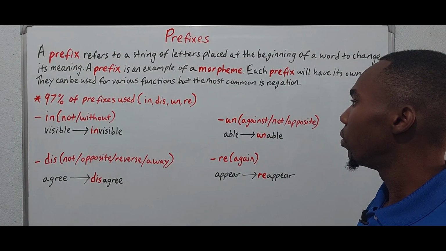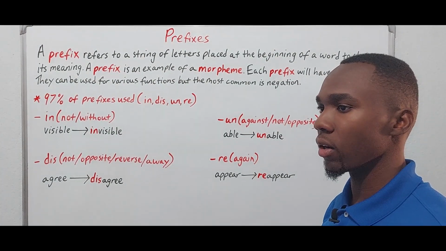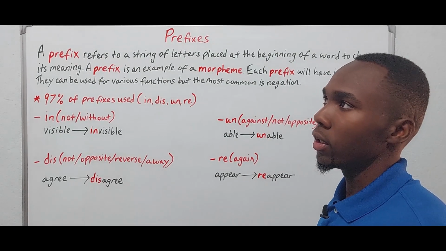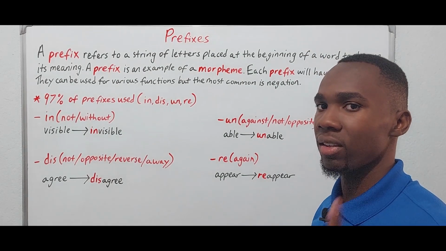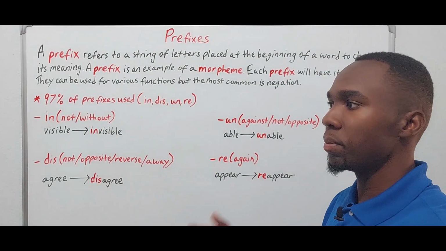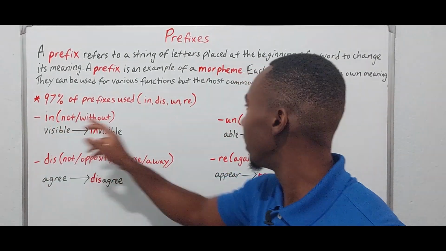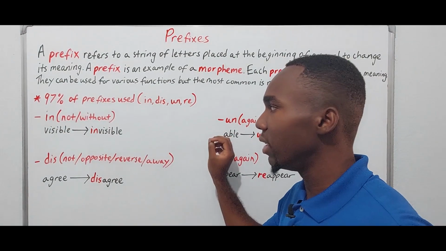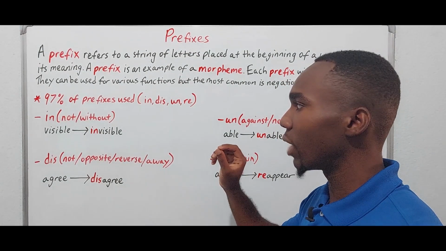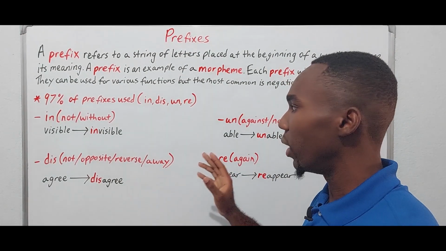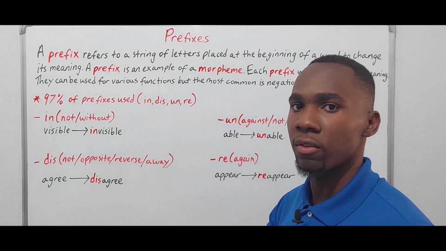Now, when it comes to the selection of prefixes, I'm sure you're wondering if there are rules. Not exactly. There are guidelines, because you can't just put any prefix before any word. As you see, in and un, all three of these could indicate negatives, so you can't just put any of these before any word because they all indicate negative, right?